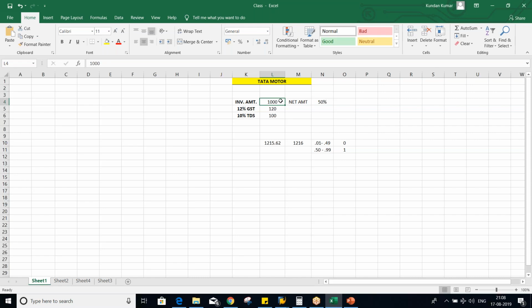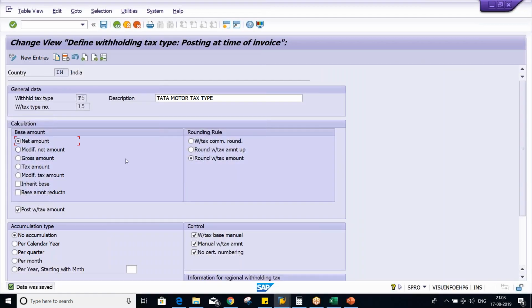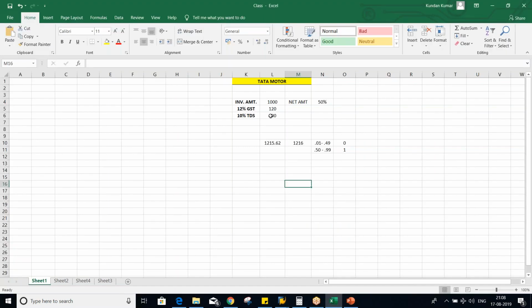So here this is the base amount, guys, 1000. Let's suppose 1000 is the base amount. I'll just do one thing here, make it net amount itself. Okay, so now if we say how much this 10% TDS is going to be deducted, this tax code also determines what percentage of the base amount is subjected to tax, on which portion of the base amount the tax is going to be deducted.